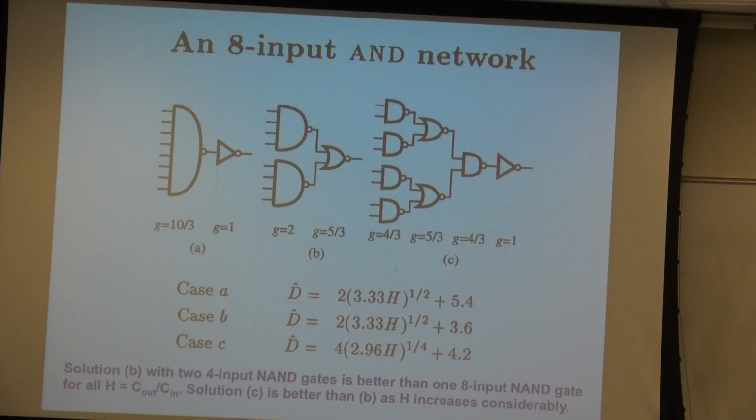Another example, 8-input NAND gate. Tell me which one is the best example here. Out of 3 choices, which one will you use? C is best. Third one?